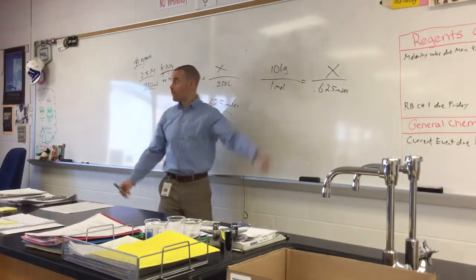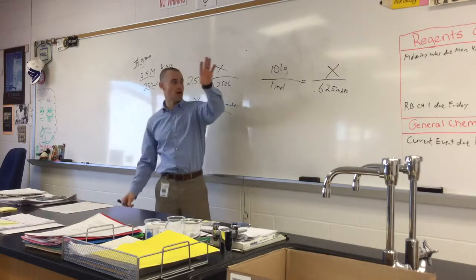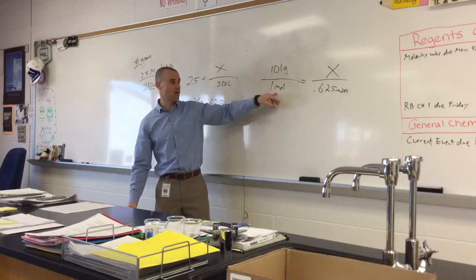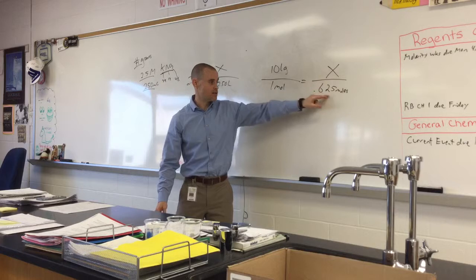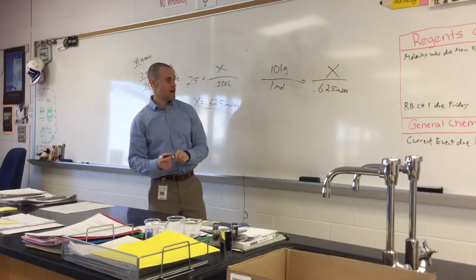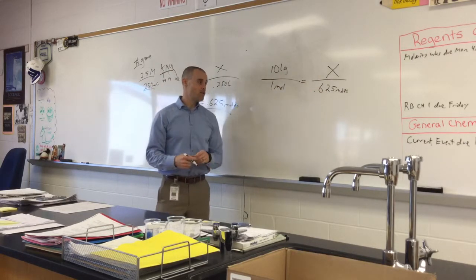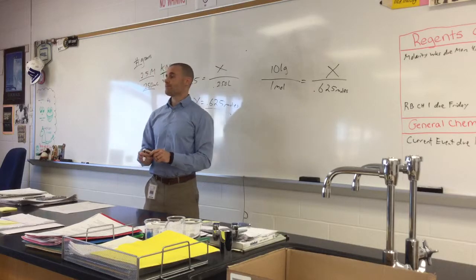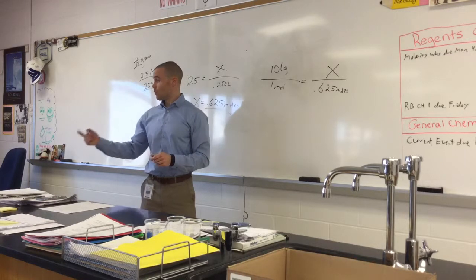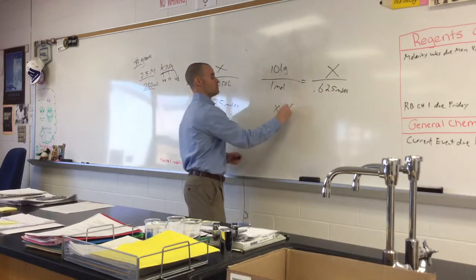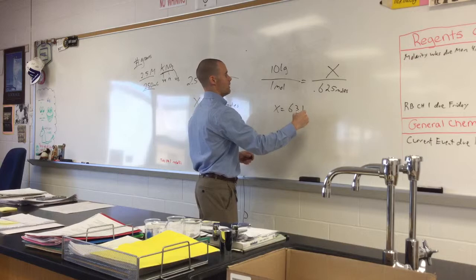Then we use the gram form of the mass of KNO3 from the chart. That's the mass of 1 mole. Set up a proportion. What's the mass of 0.625 moles? So 101 times 0.625, and we get something close to 63, right? What is it? 63.125. So x equals 63.1.